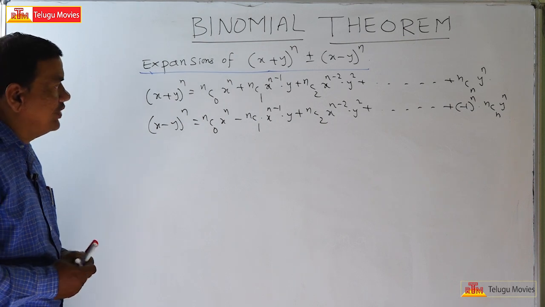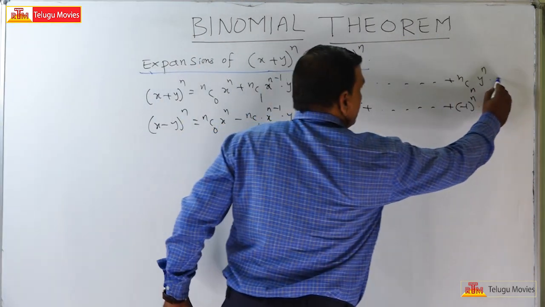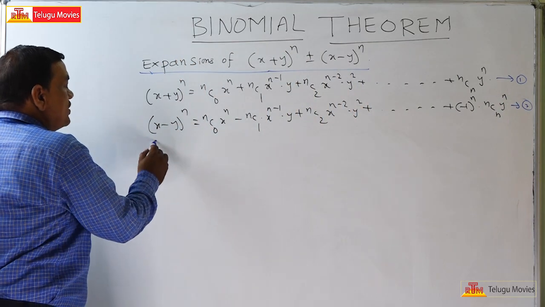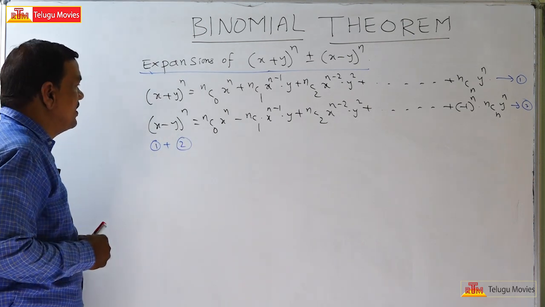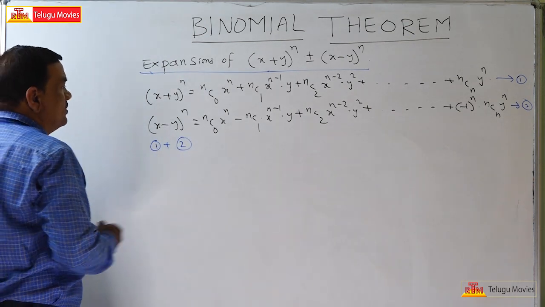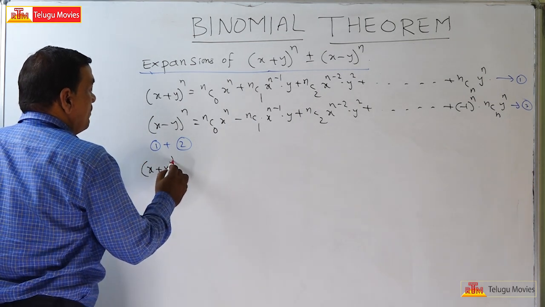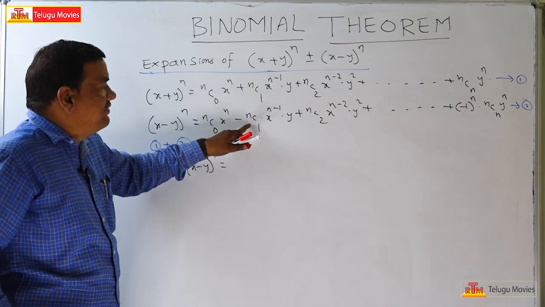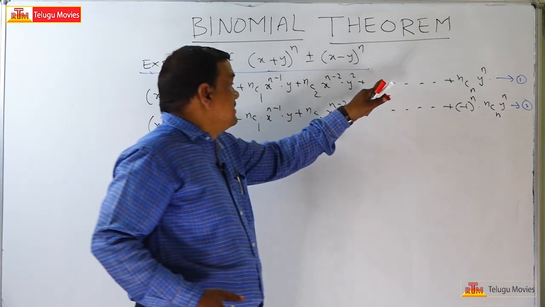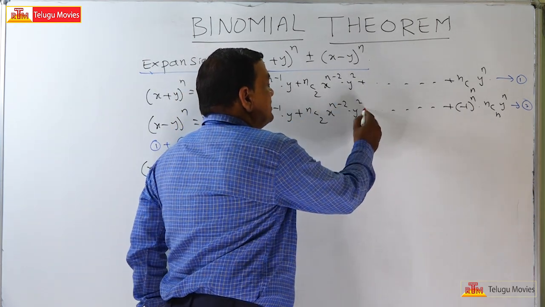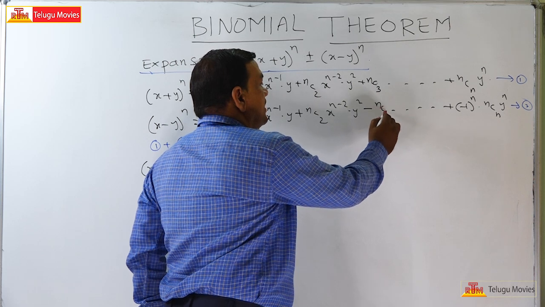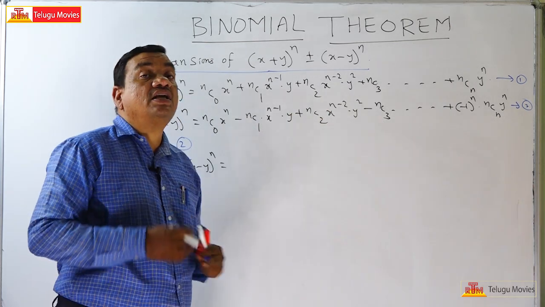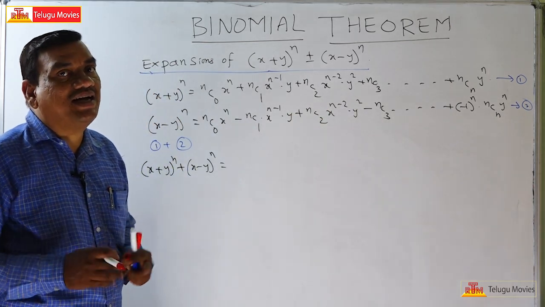Now what I am going to do is, I will add these two equations. This is the first equation, this is the second equation. First equation plus second equation. Let us see what happens. If you add, you get (x + y)^n + (x - y)^n. Here plus nC1, minus nC1, plus nC3, minus nC3. That means the odd suffixes 1, 3, 5 will get cancelled.